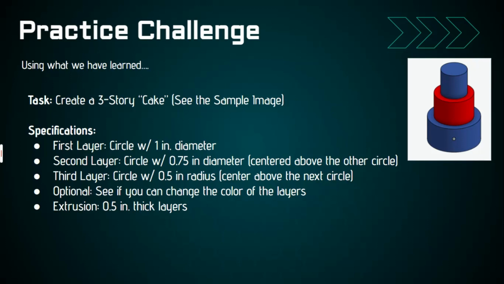Please pause this video, and review the previous parts of this video if you need to, about how to extrude, how to dimension, and how to create sketches to create this. I promise you, all the stuff you're doing here, you will be able to create this project. So please pause the video and go forth with your challenge.